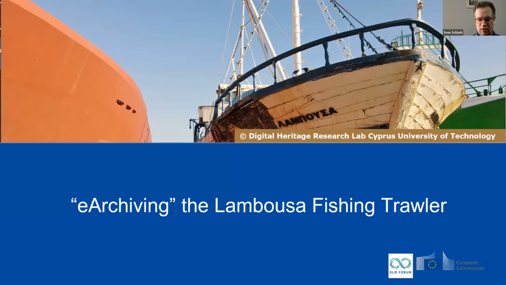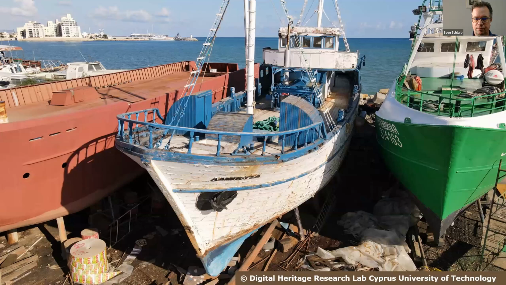So here, the E-archive, the Lambousa fishing trawler, just to mention, all the credits go to the Digital Heritage Research Lab at the Cyprus University of Technology. They developed this. They developed also the paradata that belong to it. So everything is on their side. Here we just take it as an example for a more complex data set involving 3D cultural heritage data.